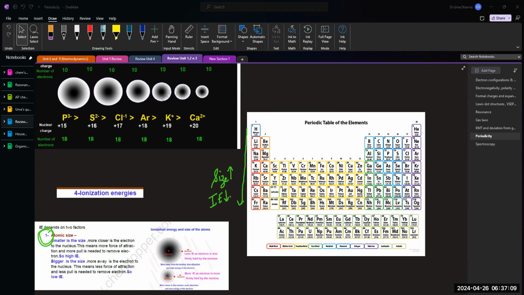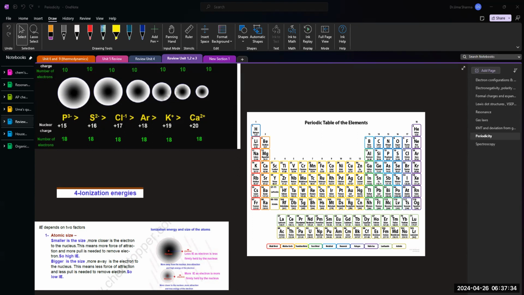Okay, now the next thing, memorize it right away. Atomic size across the period decreases because effective nuclear charge is increasing, number of shells are not increasing. But down the group, atomic size will be increasing because shielding effect is increasing.